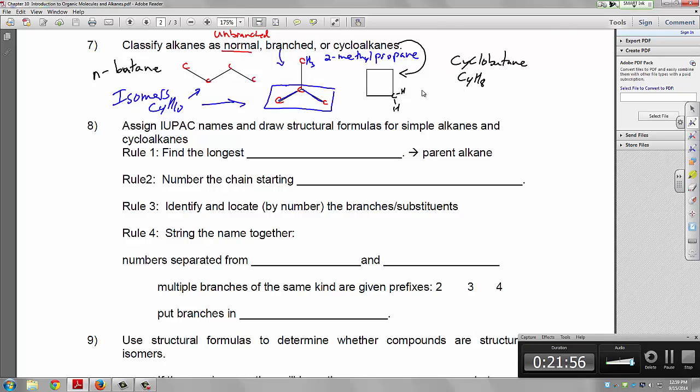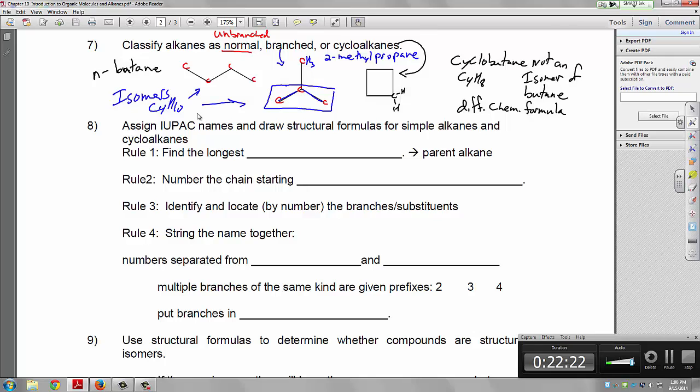Cyclobutane is not an isomer of butane. Why is that? Although they both have the word butane in them, this has a different chemical formula, different number and types of atoms, and therefore they are not isomers.